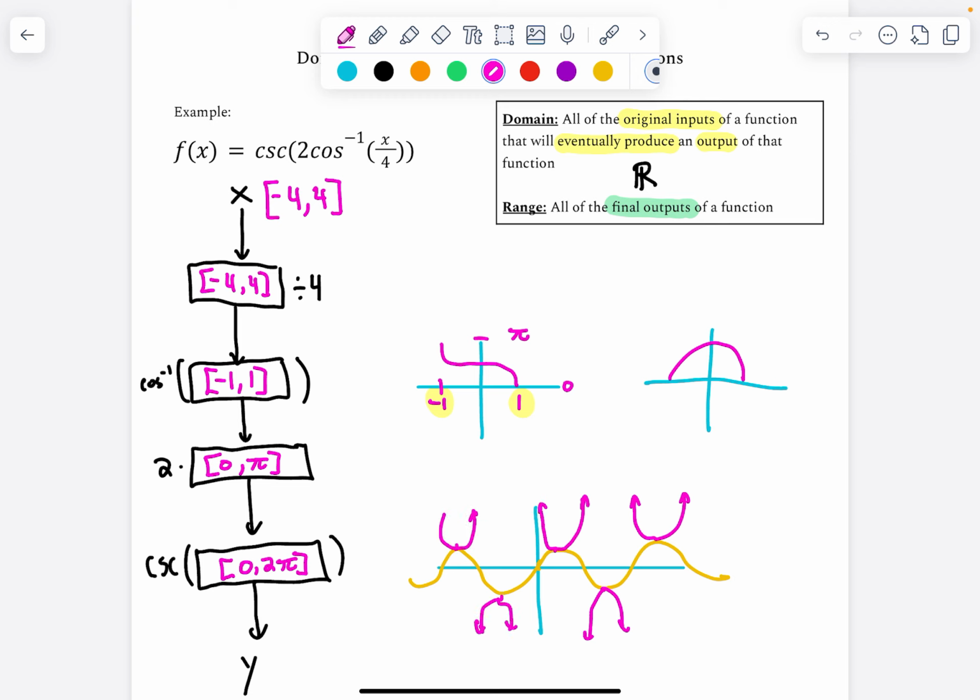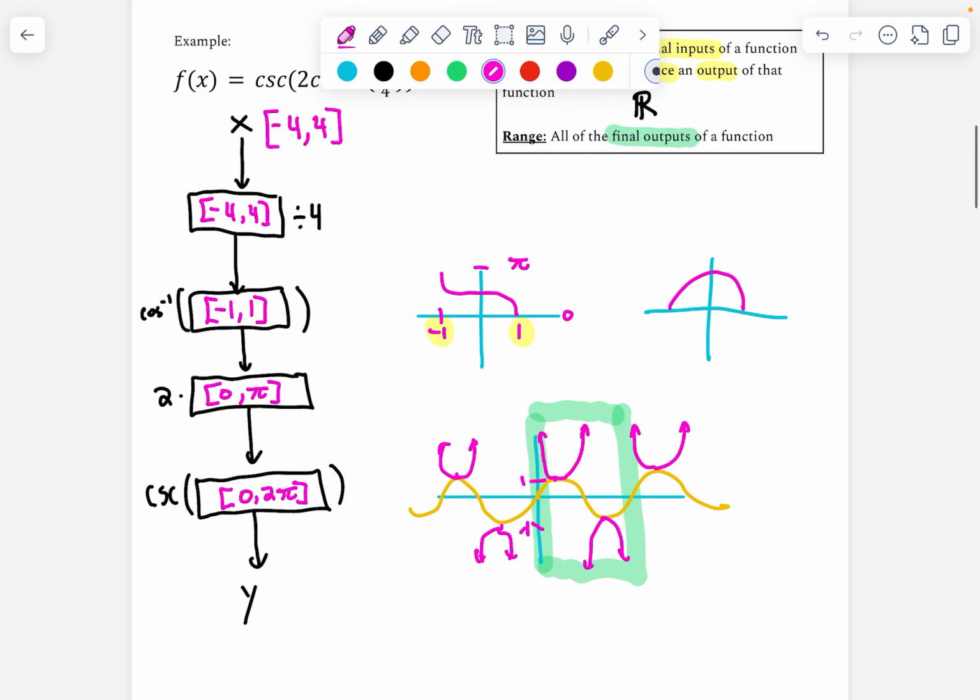But we are only actually interested in the window from 0 to 2 pi. This is the window that we're actually inputting into the cosecant function. And we will get out everything from, here's 1, here's -1, everything from -infinity to -1, that's inclusive. We will also get everything out from 1 to infinity when we take cosecant of those values.